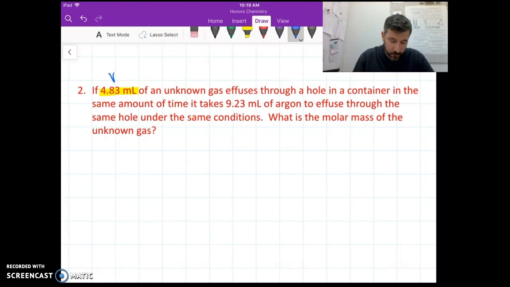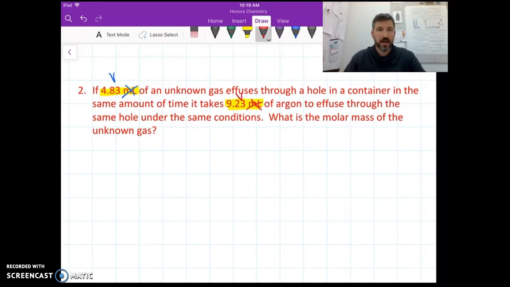V stands for both, but we're just going to ignore the milliliter part and call this its velocity, because the faster the gas is moving, the more volume will be able to escape. And we'll do the same thing with the other one. We're going to ignore the milliliters and call this a velocity, 9.23, because with a faster moving gas, you'd have more volume of that gas effusing in a set period of time.